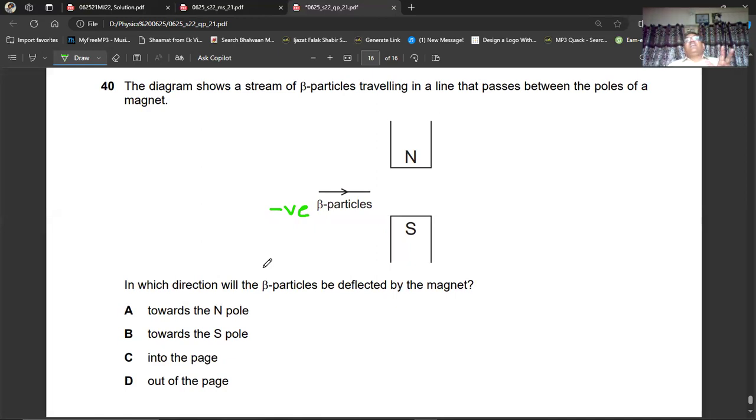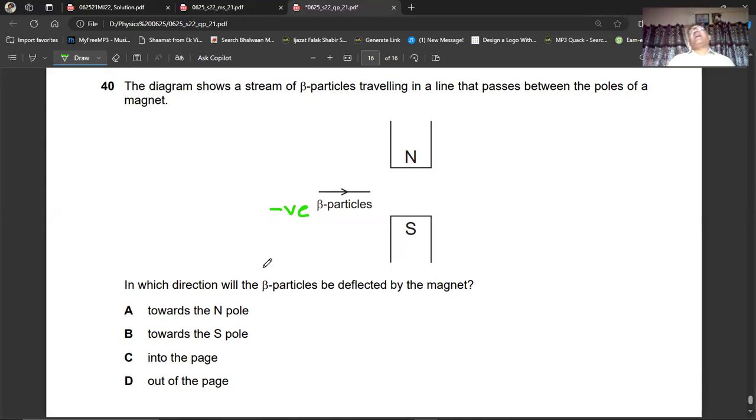So because these are negative charges, whatever direction your thumb is showing you, the beta particle will go opposite to this. So my thumb is saying that the beta particles will bend into the page. That means the beta particles will basically go out of the page, because this law is about the positive charges, but the beta particles are negative charges.